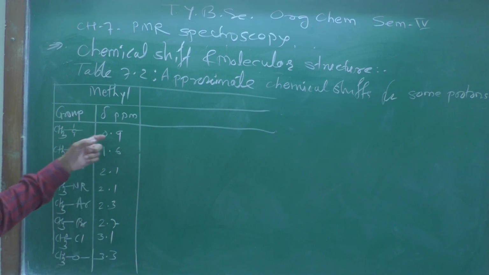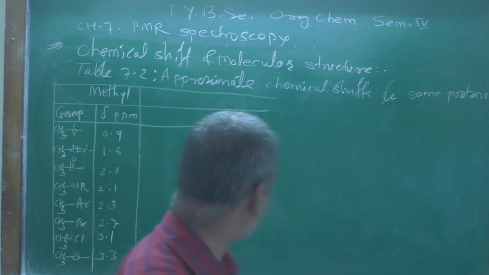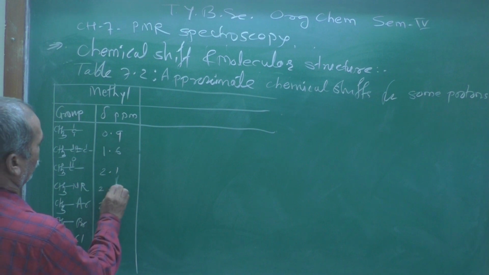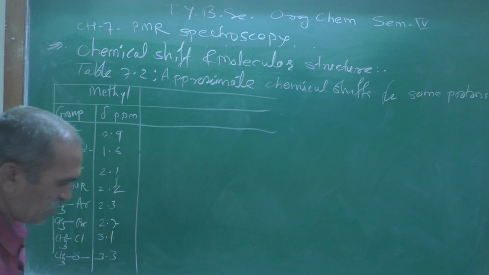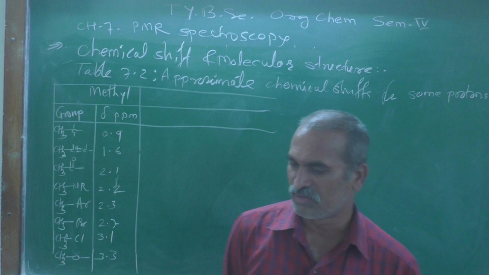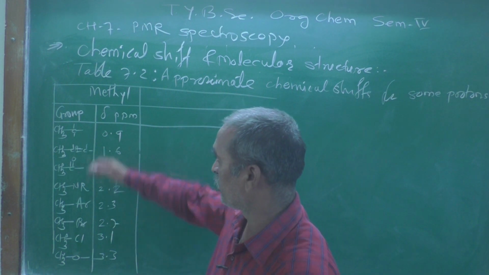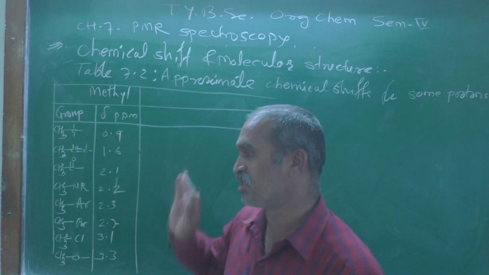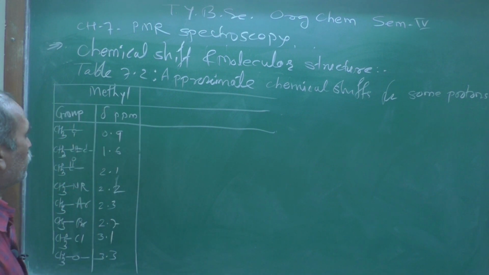Let us see here 0.9, 1.6, 2.1, 2.1 again, and sorry, here is 2.2. Let me correct this mistake over here: CH3 and 2.2 is approximate. At the beginning I already told you that in the book there is no proper justification available why this, but these are the approximate values given in the book.